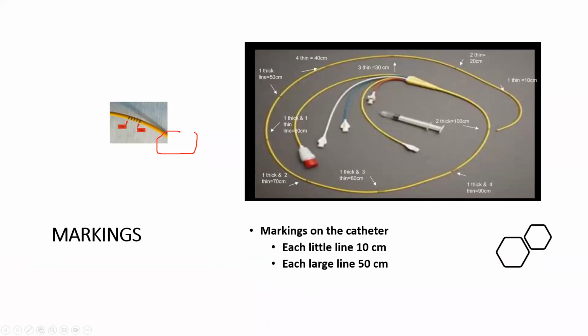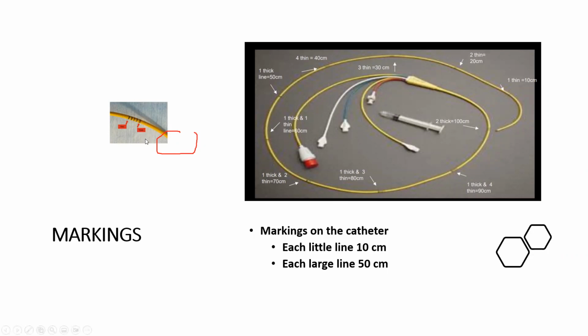As I said, the pulmonary artery catheter is 110 centimeters long. There are thin black distance markers. These are the thin lines, and each line is equivalent to 10 centimeters. So they appear at 10 centimeter intervals from the tip to the hub.